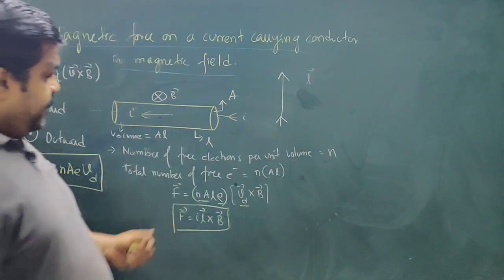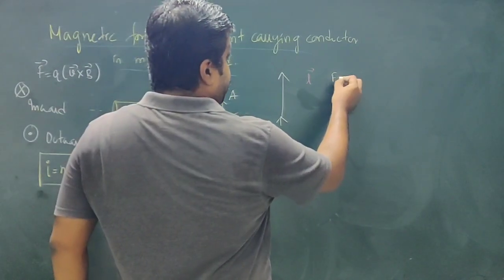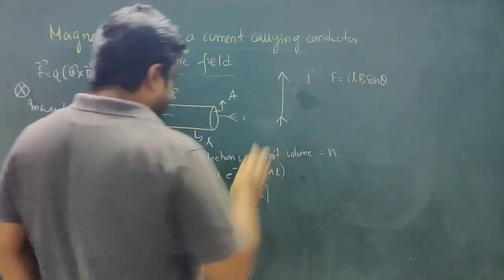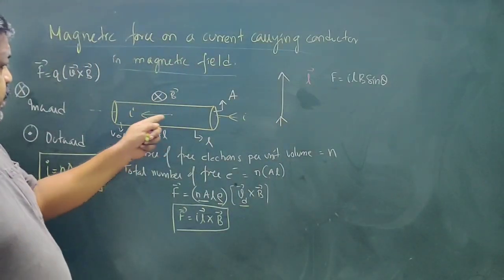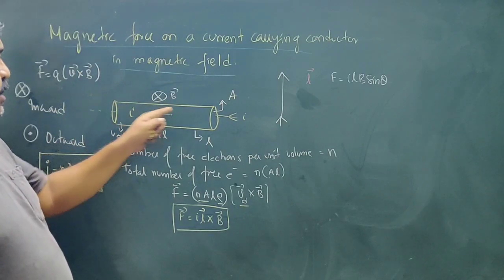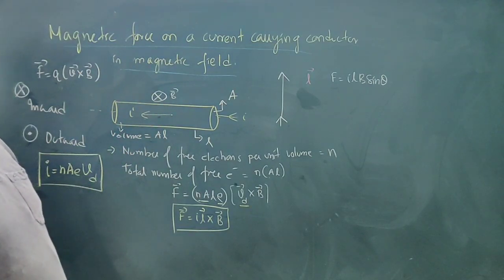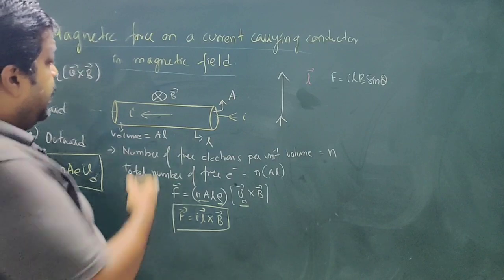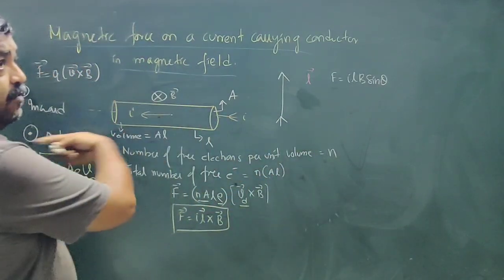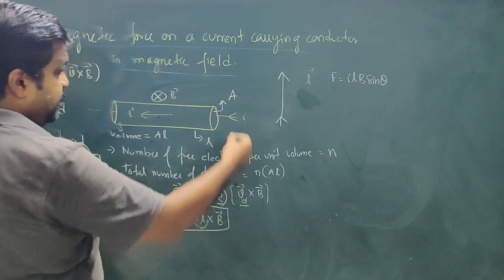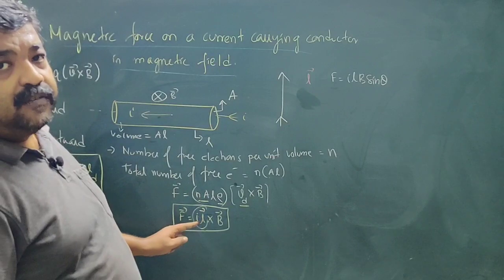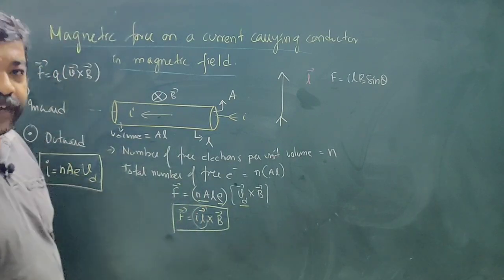Now I can write this as F is equal to I L B sine theta, where theta is the angle between the direction of the current carrying conductor and the magnetic field. In this case, current is flowing in this direction, so the I L vector is in this direction, because the L vector is always in the direction of flow of current.